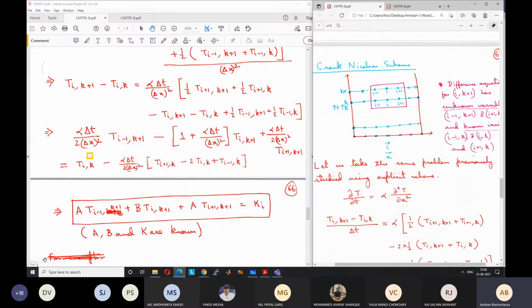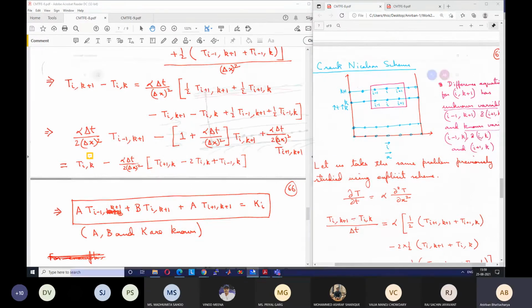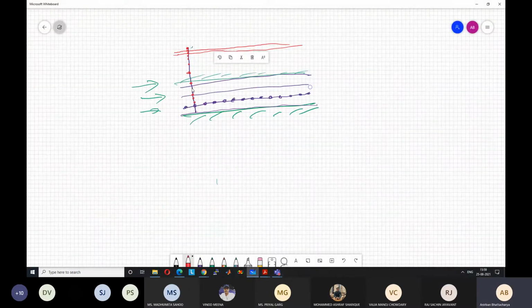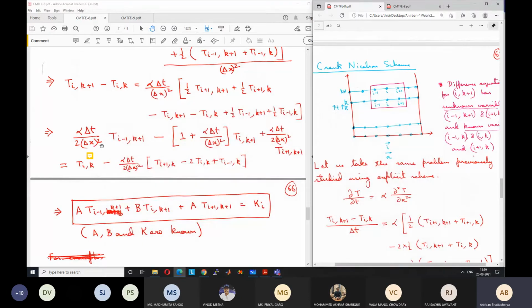So in that case, what will happen? In the case that I have shown to you, if this is our direction, you can see the delta y in this case is changing. Or if I consider this axis as x, delta x is changing. So basically the space step is changing. So this delta x square term will not remain the same.